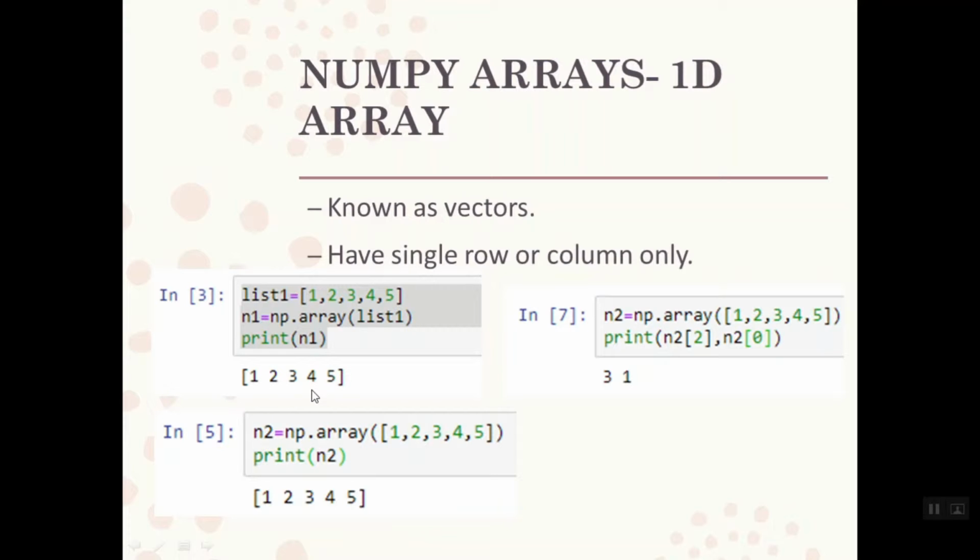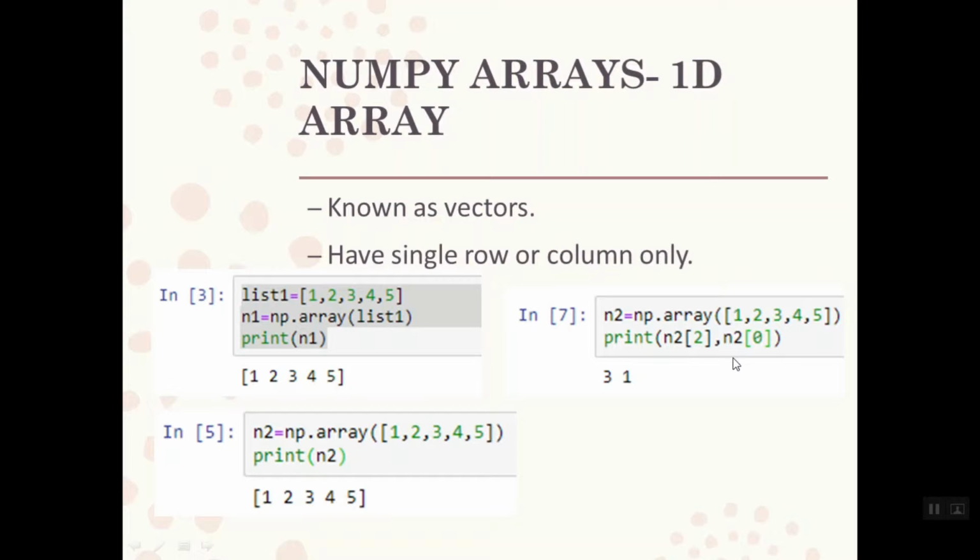We can also do it by directly giving the list as the argument for np.array. So we are not assigning this value to list1, we are directly giving this value as the argument, and then we can again get the print this way. Now here we are seeing that if we want to access an element, like the third element, we need to write n1[2].